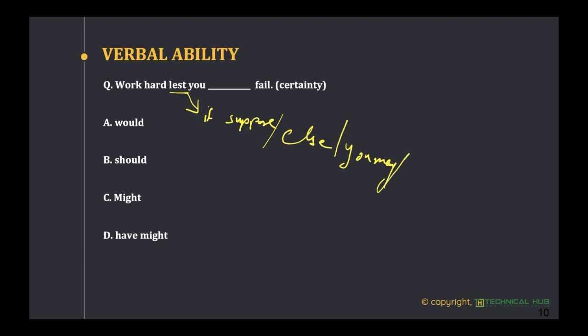My handwriting is always the best actually, but here it has become the worst. Please don't mind it. Okay, work hard, lest, that means else you would fail or should fail or you might fail.